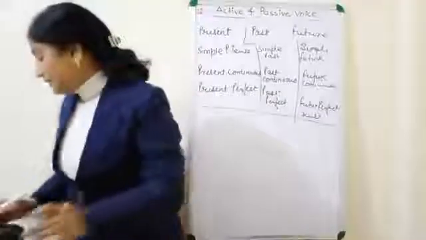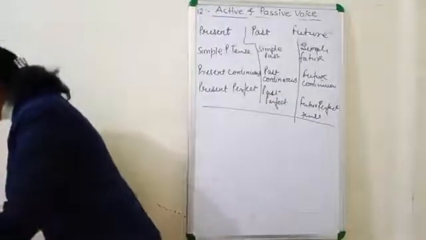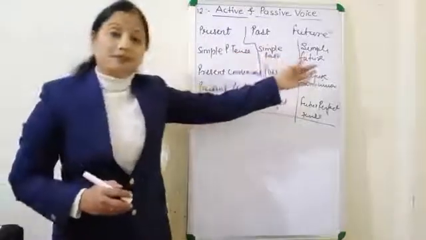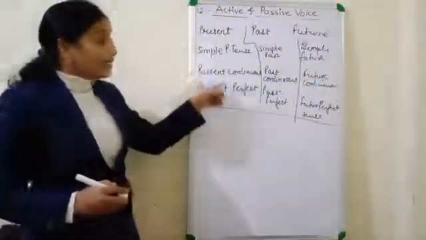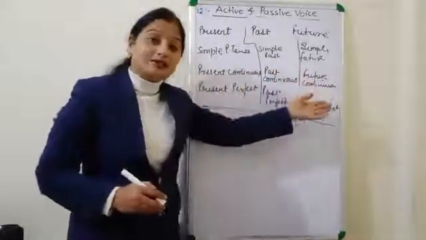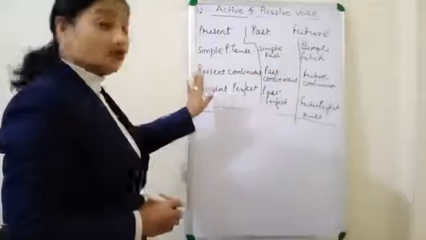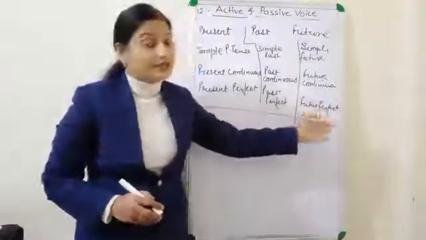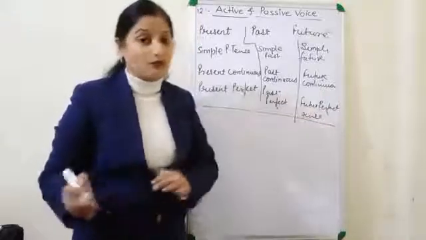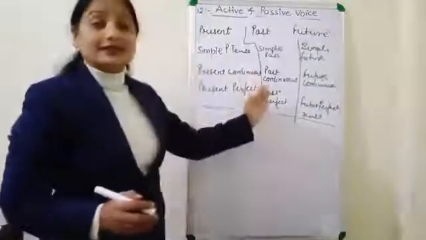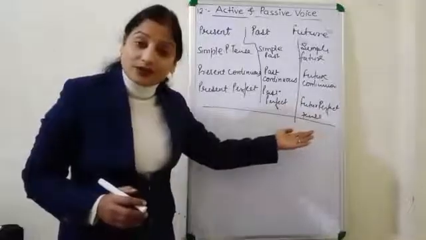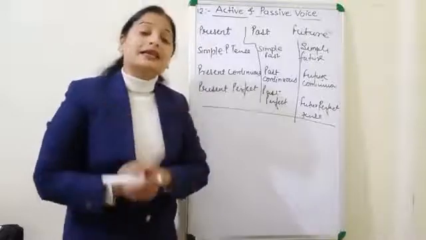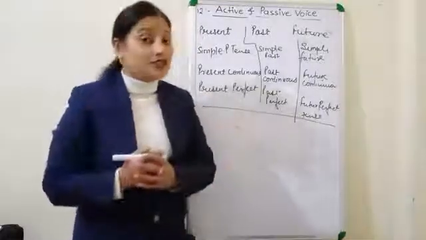So all these types of sentences, that is simple in all the present, past and future, continuous in all the present, past and future, and perfect tense in all present, past and future, we can change into the passive voice. If these sentences are written in the form of active voices, then we can change all these things into the passive voice. Then what are the sentences that cannot be changed?